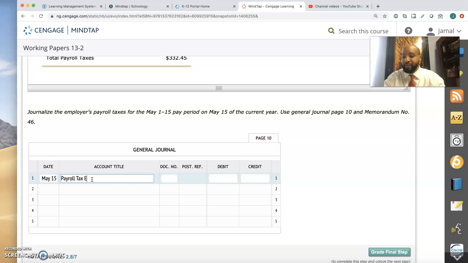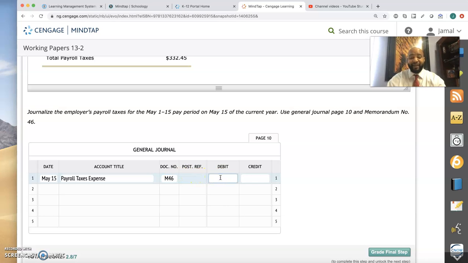Why won't it take my taxes expense? All right, so you gotta be perfect with the computer. Documentation number. Where did we get this from? Oh, memorandum number 46. How did I know that? It says it right here. Memorandum 46. So what do we shorten memorandum 46 to?